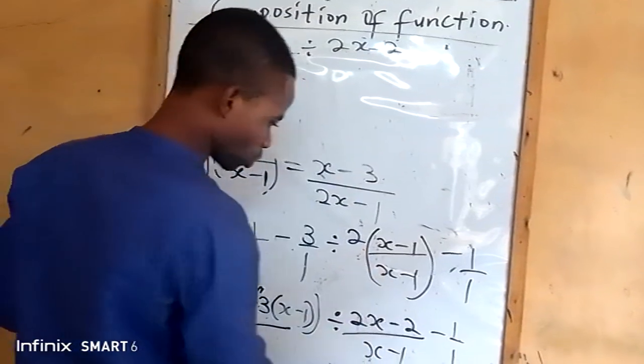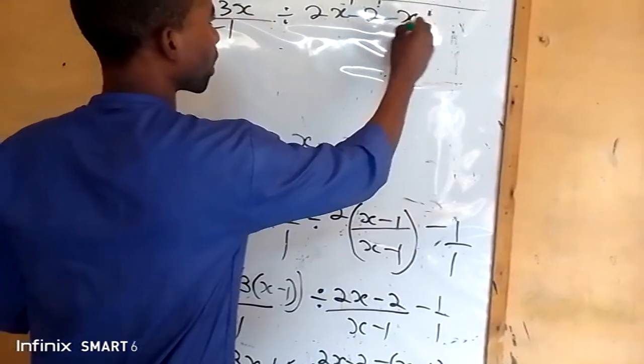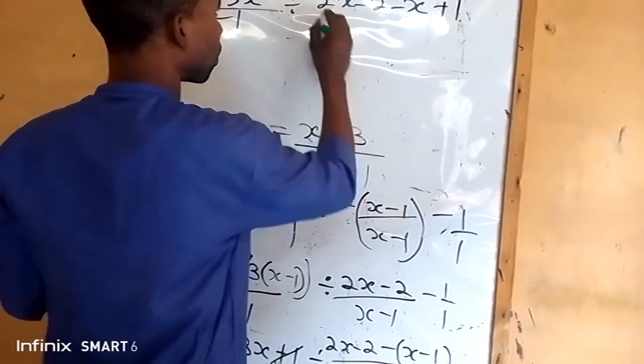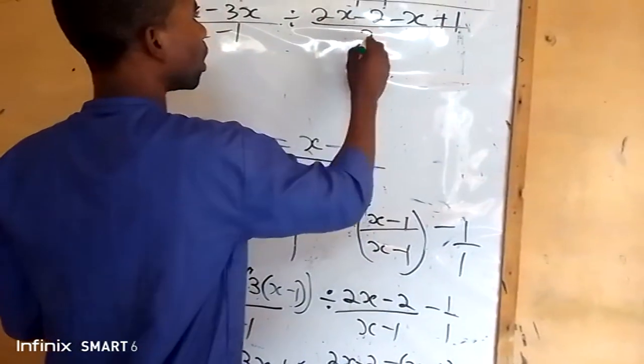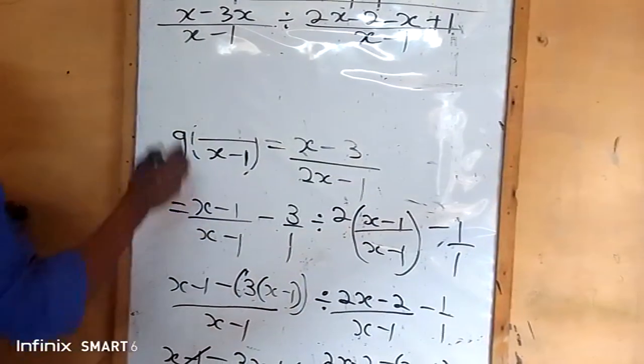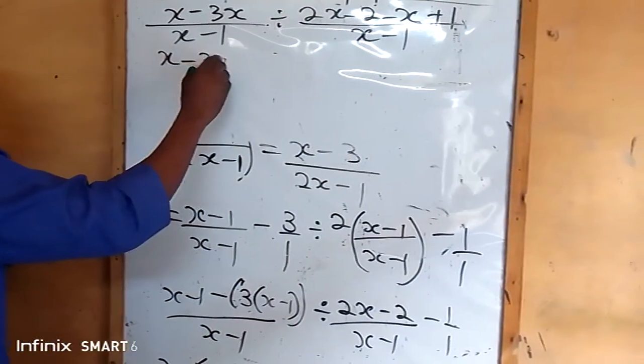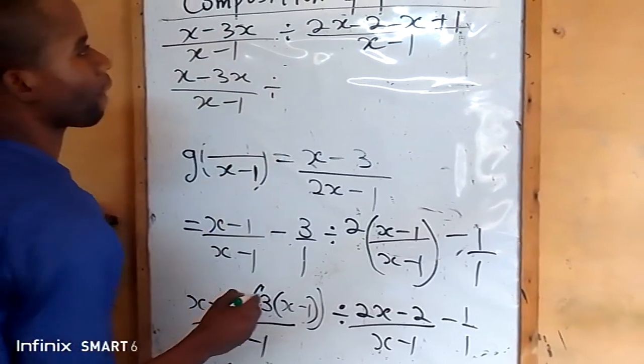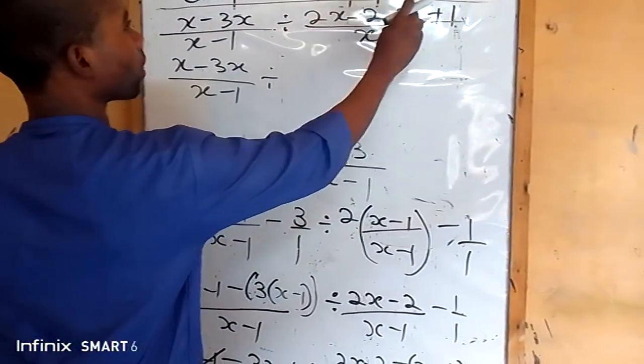We use this minus to open the bracket, that's minus x, minus and minus plus 1 all over x minus 1.